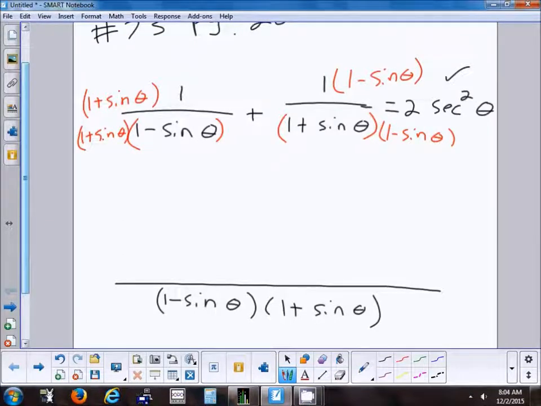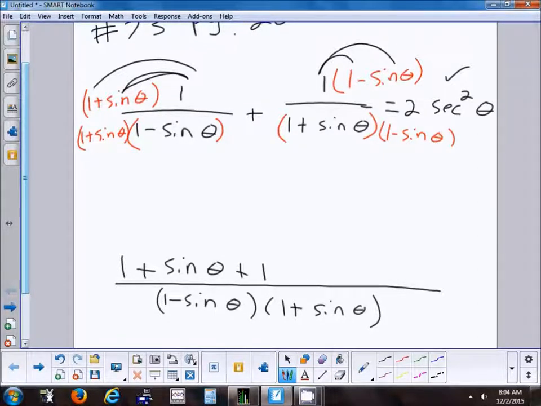All right, so now let's do it out and see what we get. When I distribute in the top, on the left, I get 1 times 1 plus 1 times sine. On the right, when I distribute, I get another 1 times 1, actually, sorry, this time it's going to be minus 1 times negative sine.